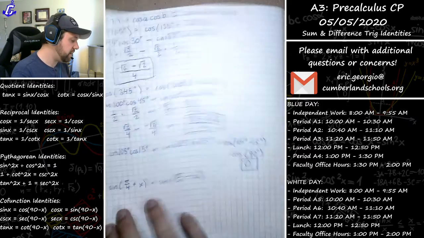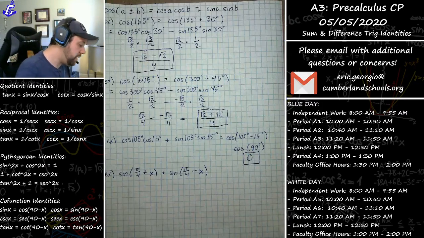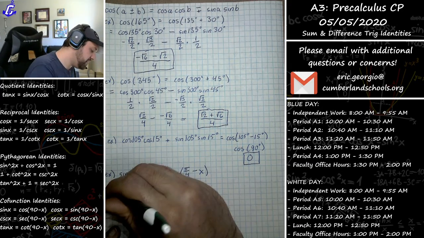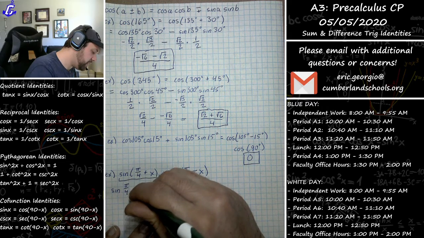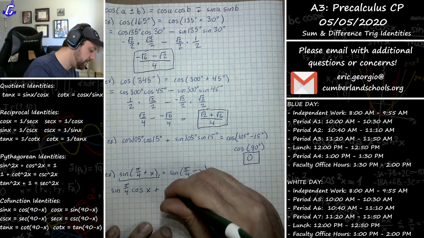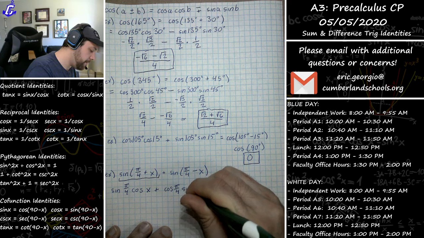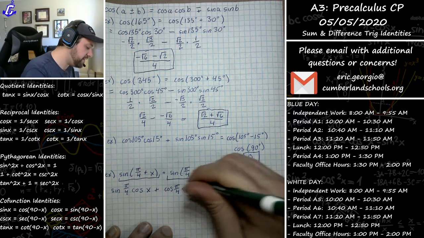So that's exactly what I'm going to do here. I'm going to say that the sine of pi over 4 plus x is sine a cosine b plus cosine a sine b. And now that's going to be plus the breakdown of this.